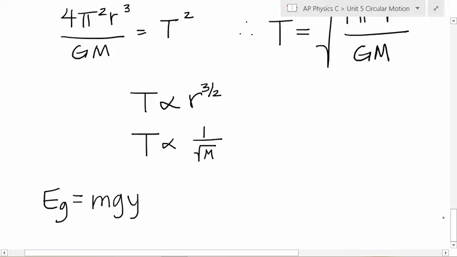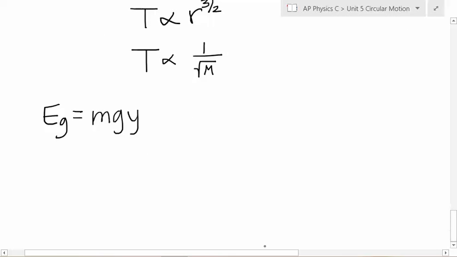Well, what if I want to find the potential energy of the moon-Earth system? Well, the moon is not on the surface of the Earth, and it's further away, so the gravitational field constant is going to be much, much smaller. So if you remember, potential energy is equal to the negative integral of the force with respect to position.